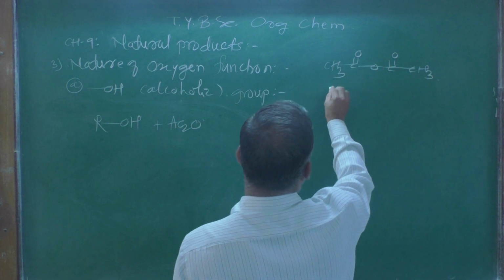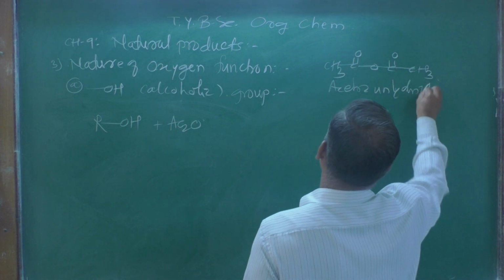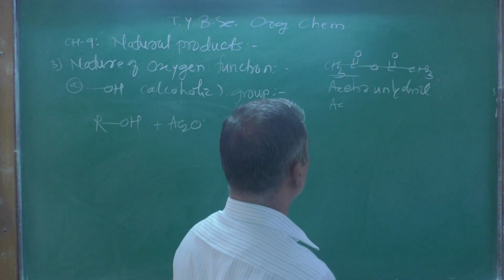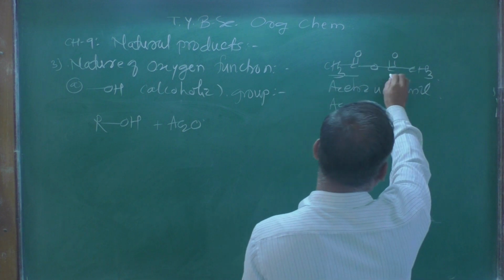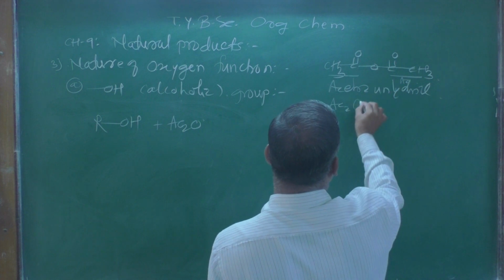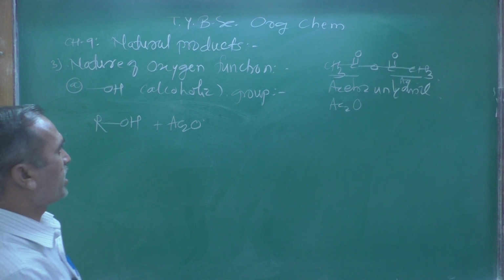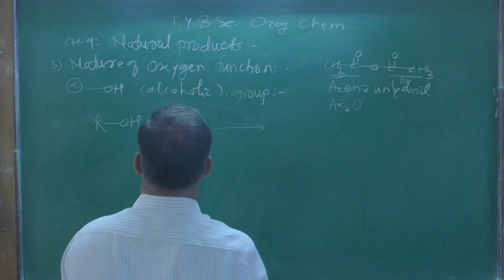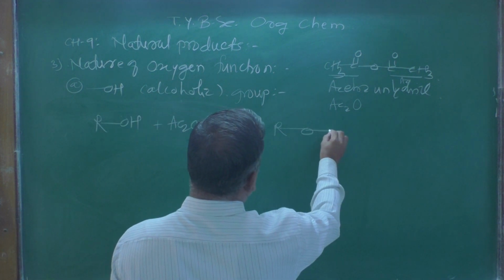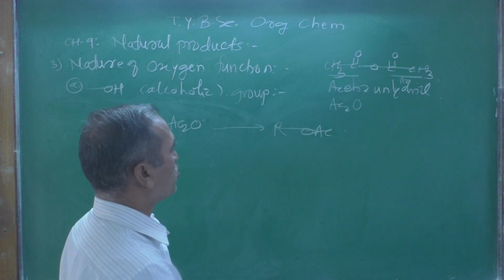This is acetic anhydride. This is the acetyl group, in short the acronym Ac is used. Here Ac and here also Ac, so two Ac groups are there, and the middle common O is written like this, which is why it is known as acetic anhydride. When treated, the reaction takes place very easily and we get ROAc, a monoacetyl derivative.